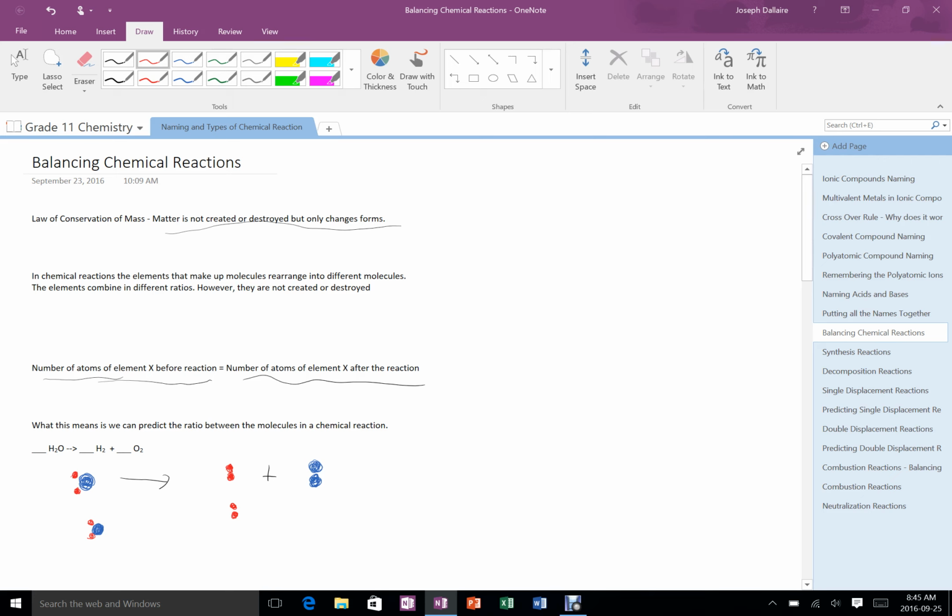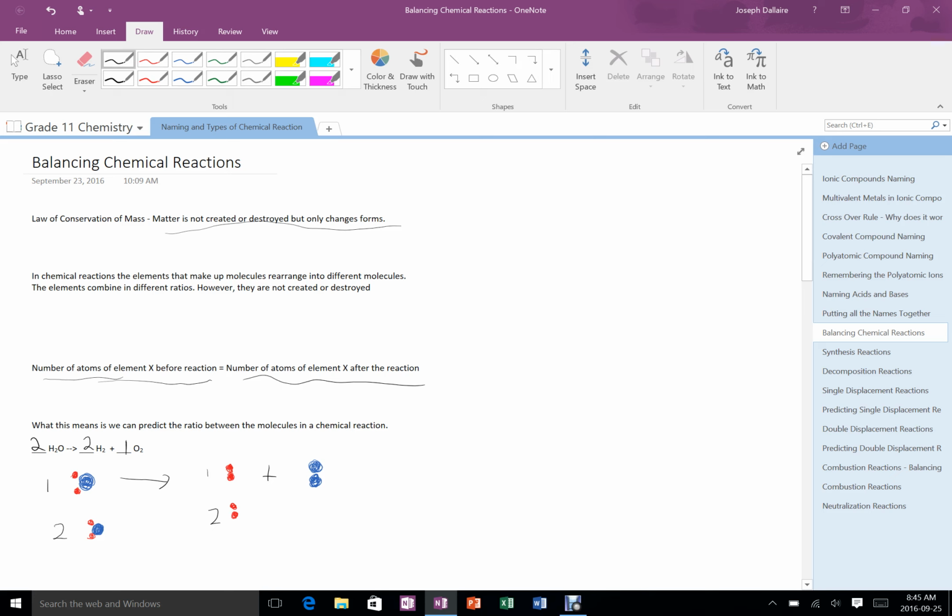And this makes sense because the number of each element, the number of hydrogens or the number of oxygens before and after the reaction is the same. What that means in terms of the overall chemical reaction, if we think about it, is that now we recognize what really has to happen here is we have two water molecules reacting to form 1, 2 diatomic hydrogens and 1 diatomic oxygen.